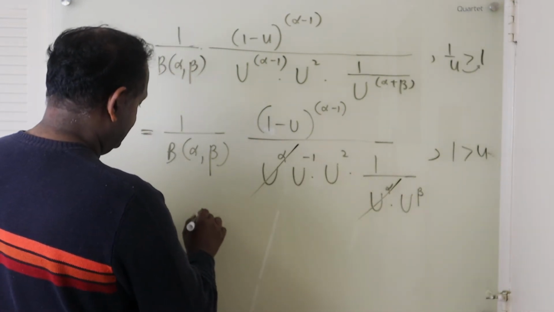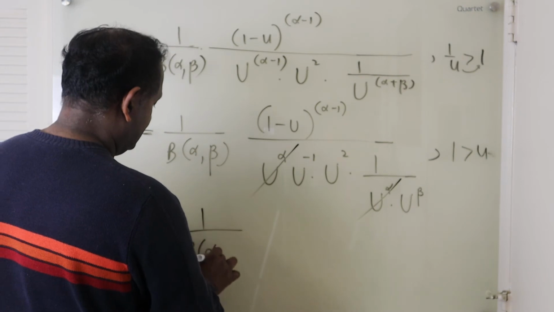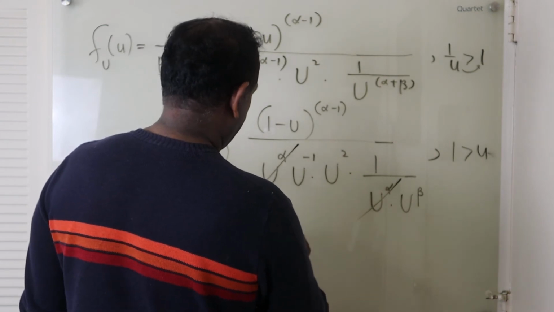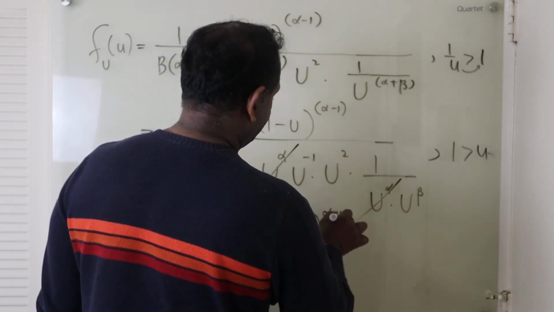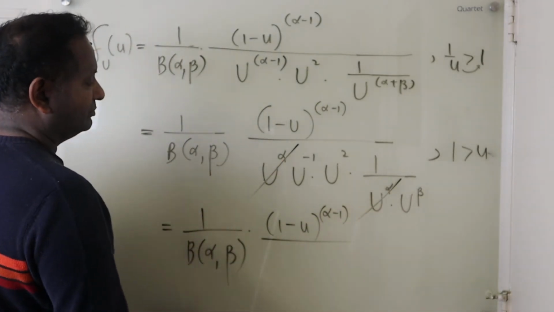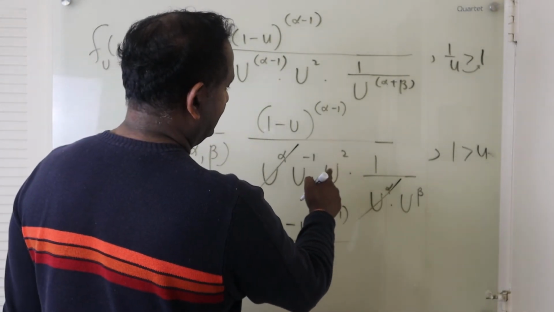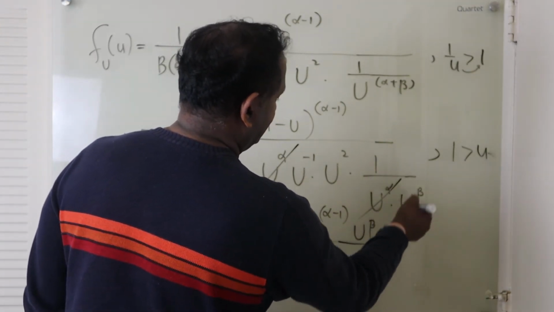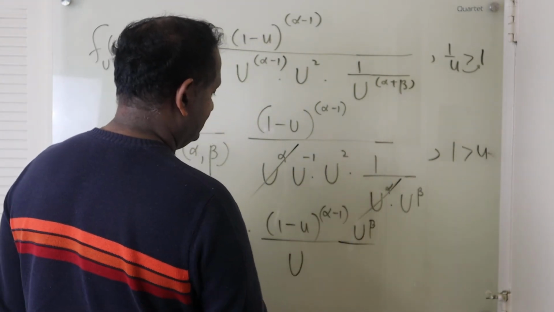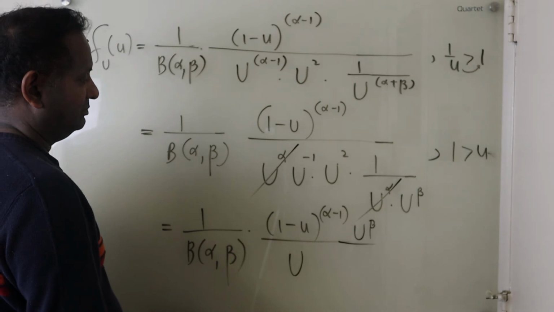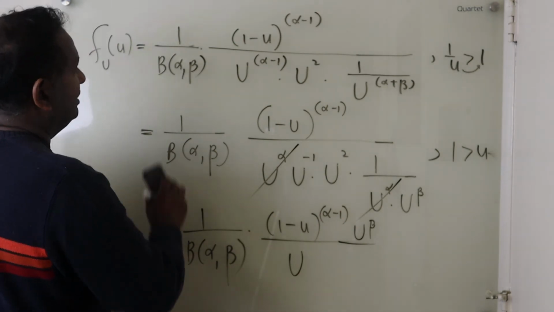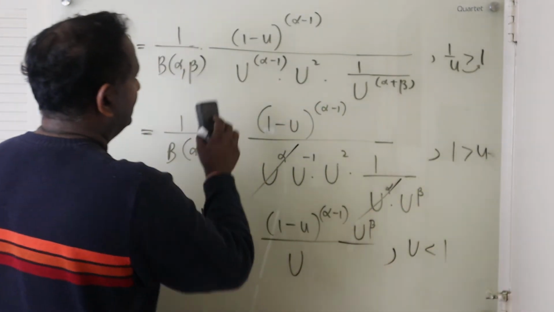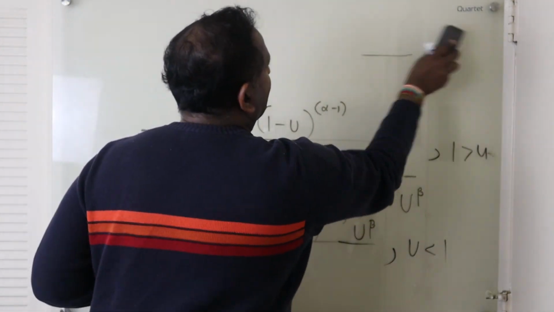So you are pretty much left with 1 over beta function alpha beta times 1 minus u to the alpha minus 1 over, here you're going to have u to the beta go to the top, and this one gives you u, and u is less than 1.